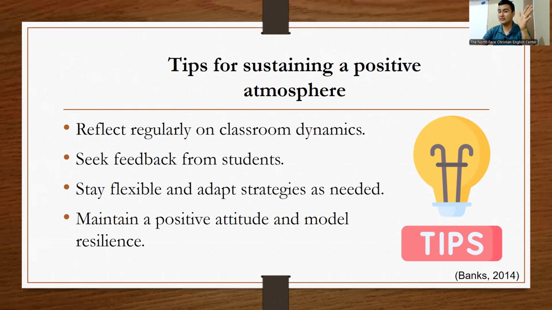If 75% really don't like the way we teach, there's something wrong there. But if it's only 10 or 20%, we shouldn't worry too much about it. But we still need to think about what we're doing wrong, and we will try to do our best in the classes. Stay flexible and adapt strategies as needed.